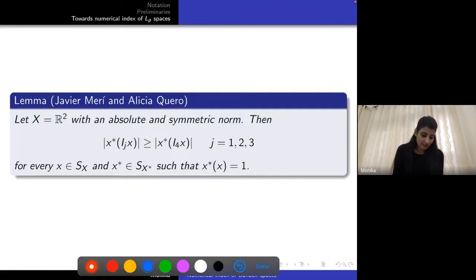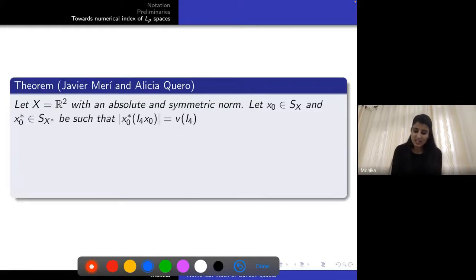And one important theorem they gave was, if we can find a unit vector x naught, and a unit vector x naught star such that the absolute value of x naught star I4 of x naught gives us the numerical radius of I4, and we define Cj as the absolute value of x naught star ij of x naught for j equals 1, 2, 3 and 4.